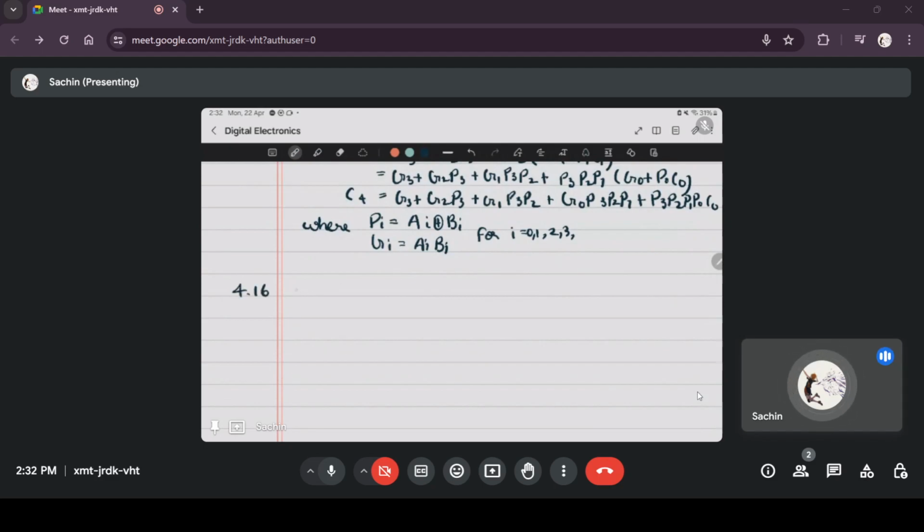Problem 4.16: define the carry propagate and carry generate as Pi is Ai or Bi, Gi is Ai Bi, respectively.